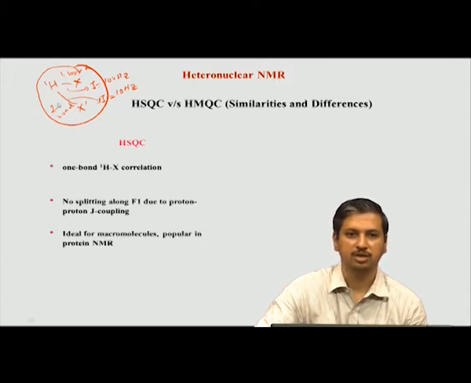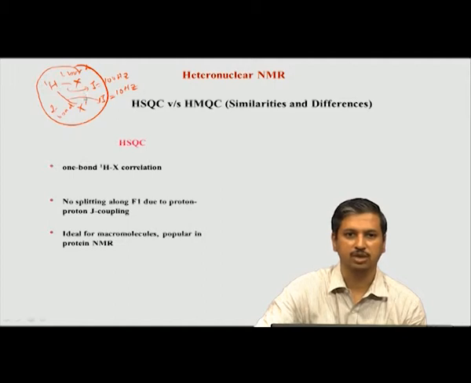The idea in HMBC is called heteronuclear multiple bond correlation. That means we go to more than one bond, and in that experiment we suppress the direct one bond correlation. Direct one bond correlation comes from HSQC or HMQC, which is what we are discussing here, but in HMBC we go to a longer bond and we suppress it.